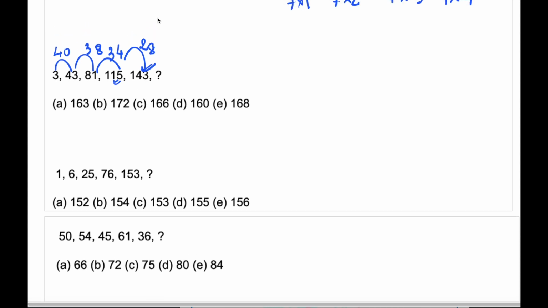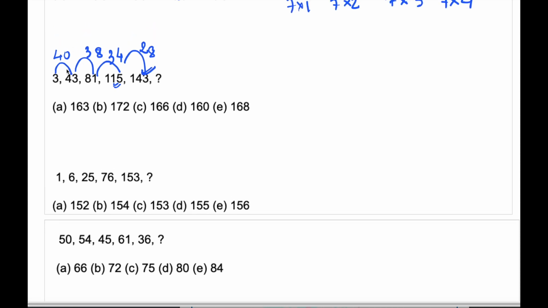Now next, can you find any pattern here? 40, 38, 34, 28. Yes, of course there is a pattern. So you have to take the difference at one more level. 40 minus 38 is 2. Then 38 minus 34 is 4. 34 minus 28 is 6.